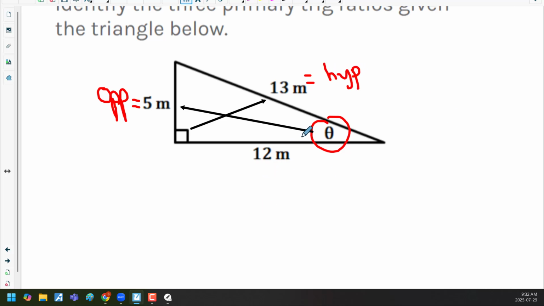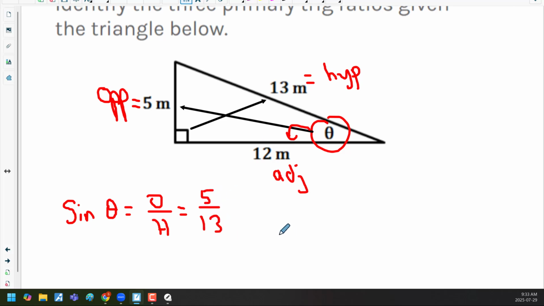And then the last one is obviously adjacent. So what does that mean? I know that sine of angle theta is equal to opposite over hypotenuse. But we know the opposite is 5. And we know the hypotenuse is 13. So the final answer is sine theta is equal to 5 over 13.